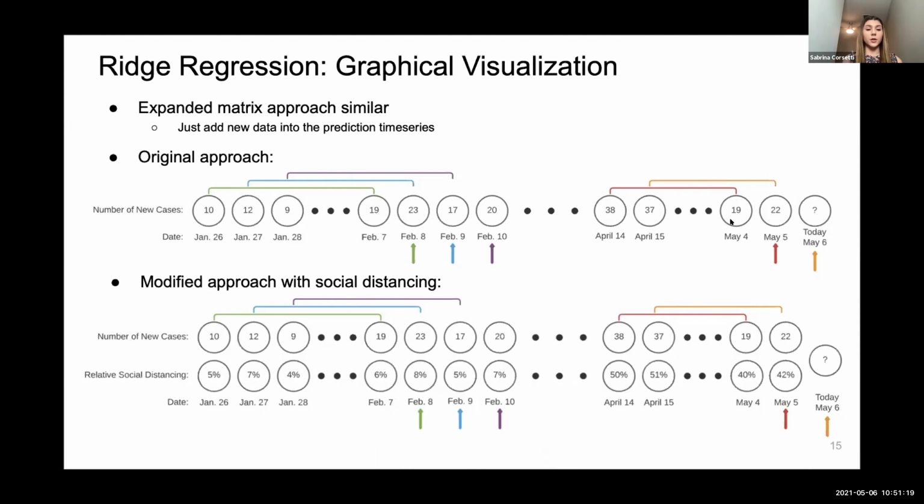All we need to do visually is add an extra row here of relative social distancing in terms of percentages. So for example, people's relative amount of time that they're spending at home compared to before the pandemic. And just as before, we can work over time to learn the relationships between these data points and finally make a prediction for today.